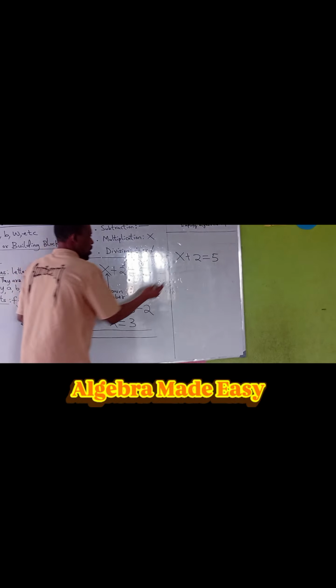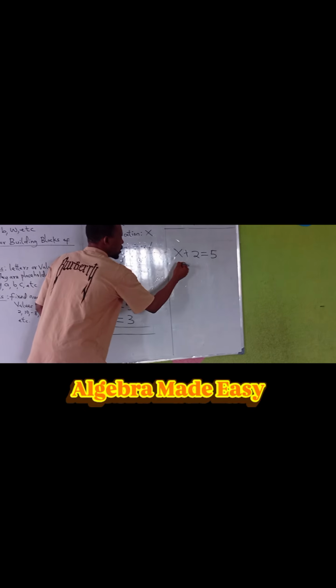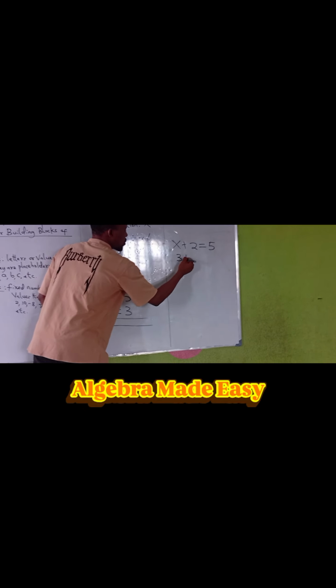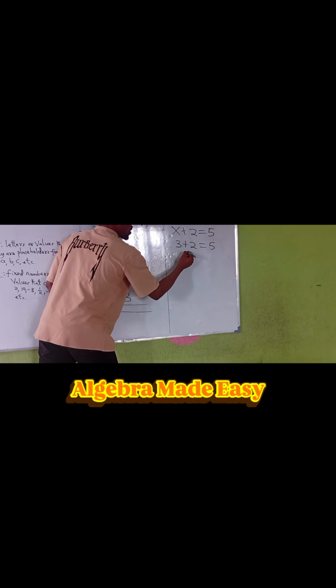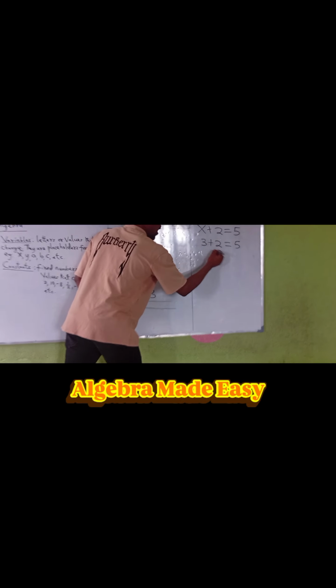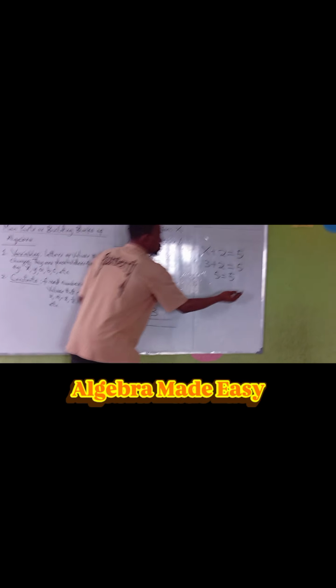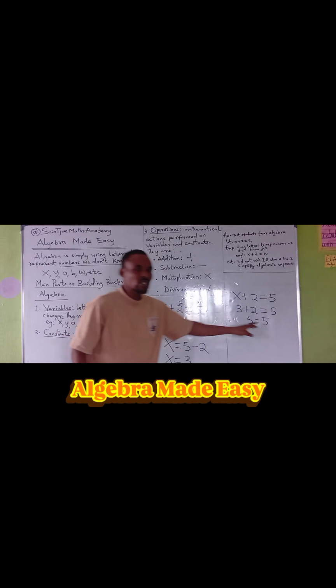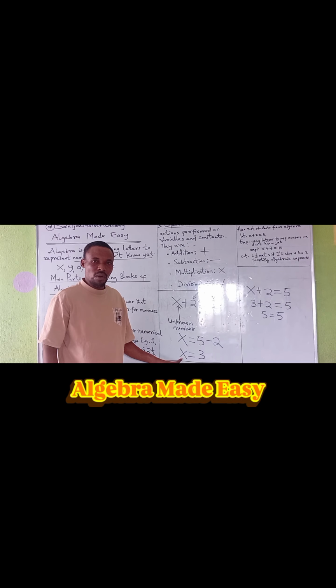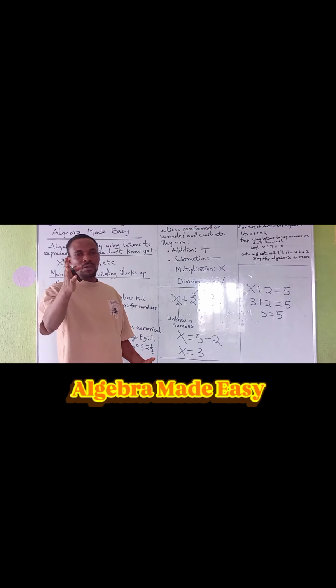So, instead of x here, I'm going to write 3 plus 2. Now, it is equal to 5. What is 3 plus 2? We have 5. 5 is equal to 5. So, you have seen that 5 is equal to 5, which means our unknown is what? Correct.